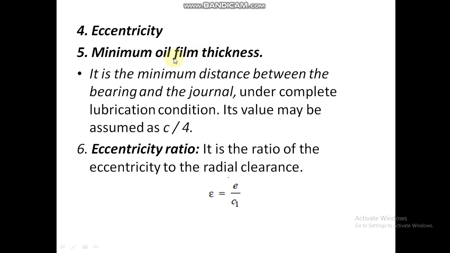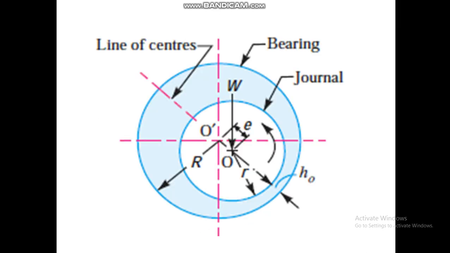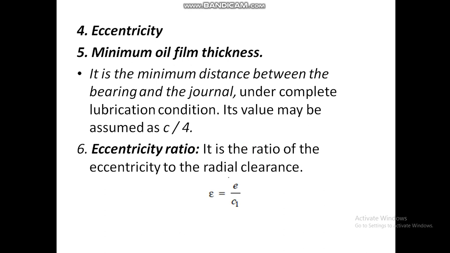Minimum oil film thickness is the minimum distance between bearing and journal under complete lubrication condition. Its value may be assumed as C by 4. So H naught is your minimum oil film thickness and it is generally taken as C by 4.